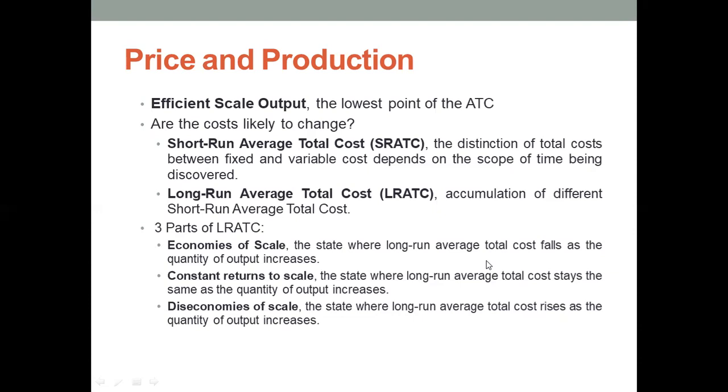Okay? Now, this diseconomies of scale is the one that we don't want. Okay? We don't want this part. So, kapag napupunta na siya rito, gusto natin bumalik siya sa economies of scale. Why? Because it is the state where long-run average total cost rises as the quantity of output increases. Ibig sabihin, mataas na imong cost, pero ang napoproduce, gamay lang. For example, nag-input ka 10 pesos as cost per item, okay, or per unit.